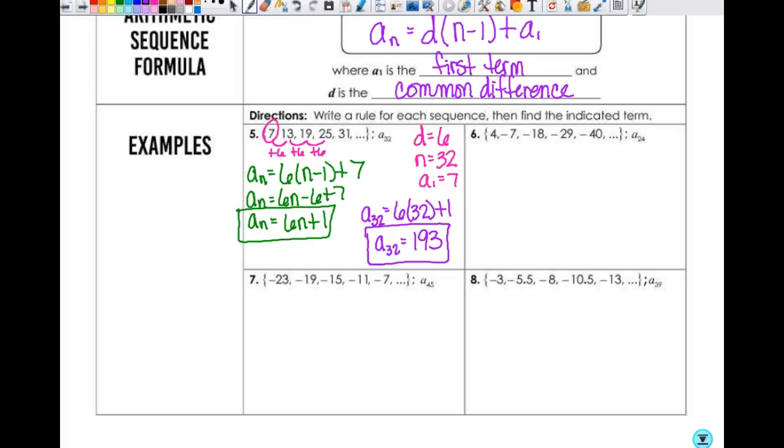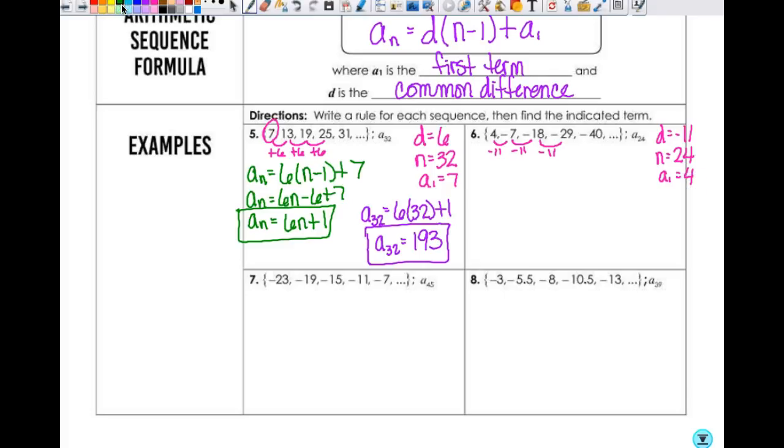Okay. So you can pause the video and see if you can do number 6. So number 6 here, to get the common difference, in each one of these I am subtracting 11. So my common difference is negative 11. N in the end is going to be 24, and A1 is 4.